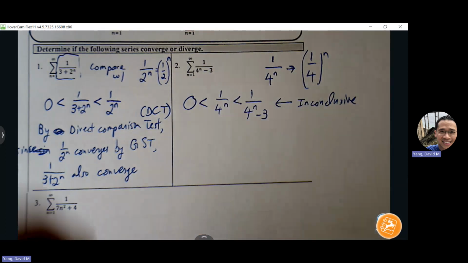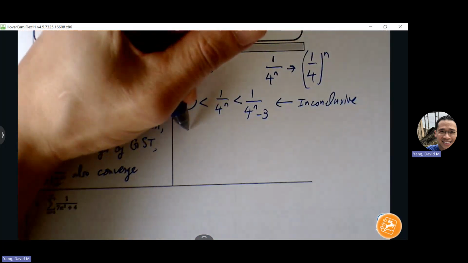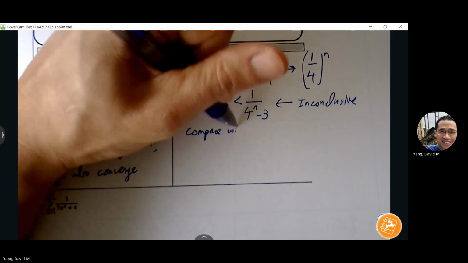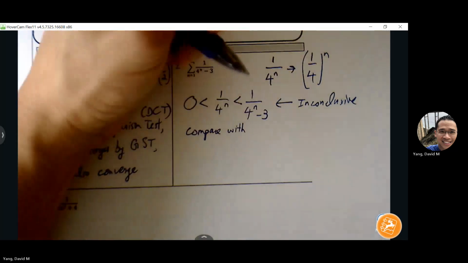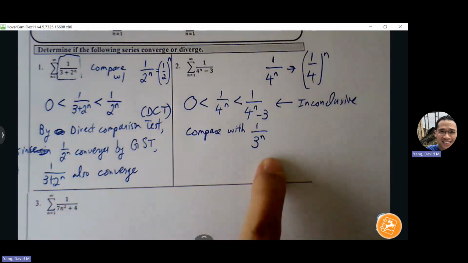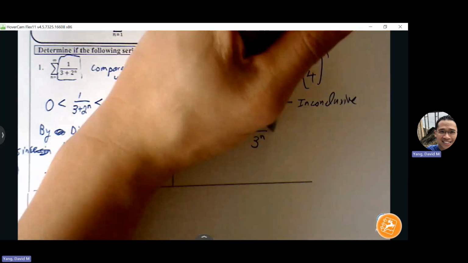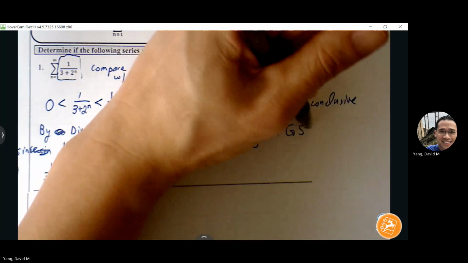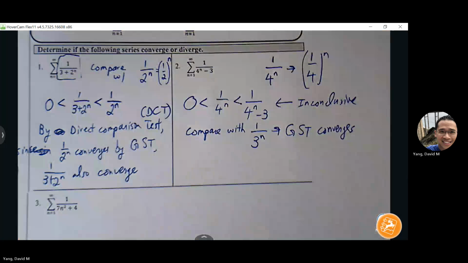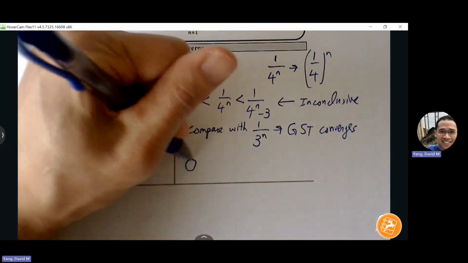However, what we can do is compare with one over 3 to the n. We know this will converge. And now we have a better relationship here, right?